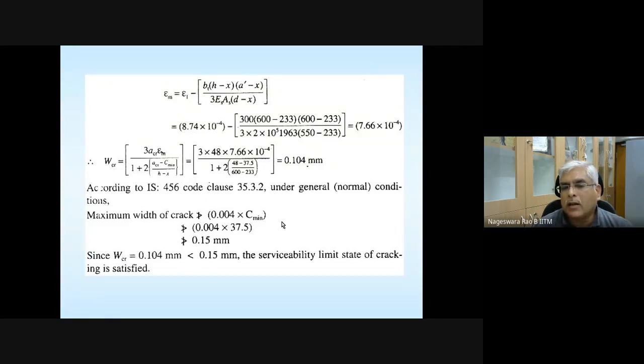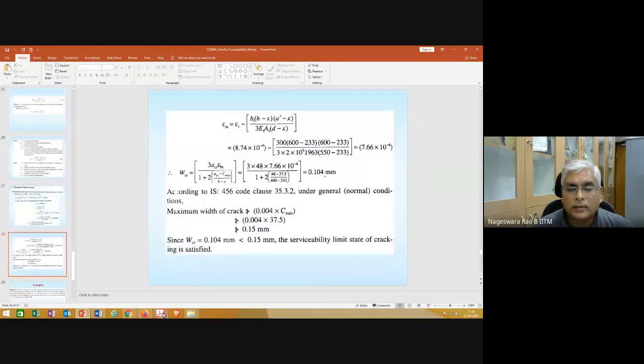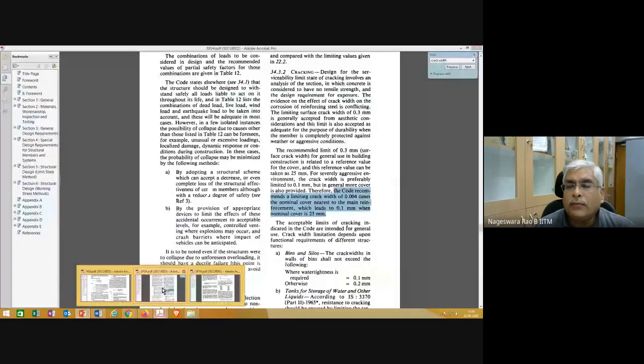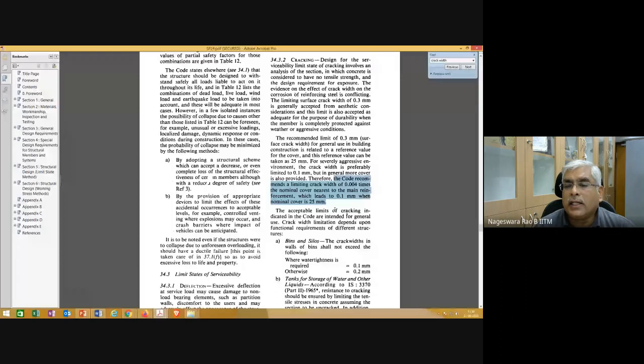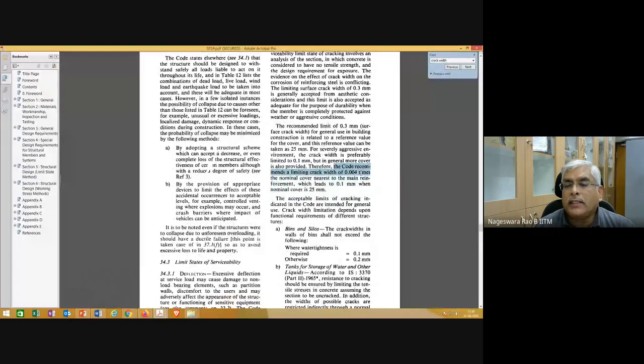It's given in this clause of the code, and also in your SP24. SP24 says here, the code recommends a limiting crack width of 0.004 times the nominal cover nearest to the main reinforcement.